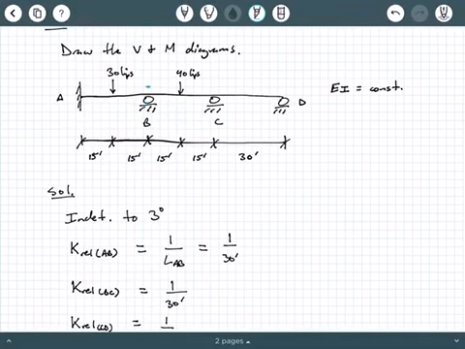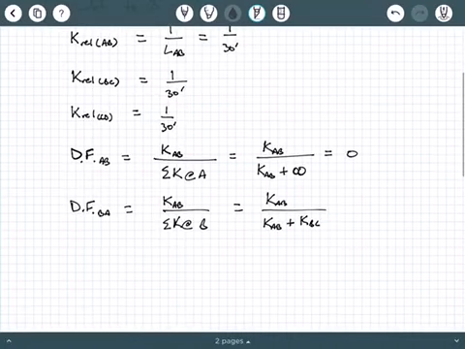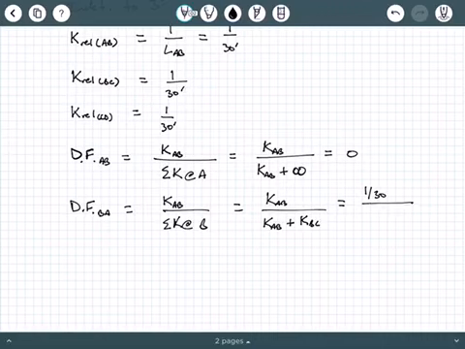Because member BC is connected at B. So we get 1 over 30 divided by 1 over 30 plus 1 over 30, and you should get 1/2 or 0.5.